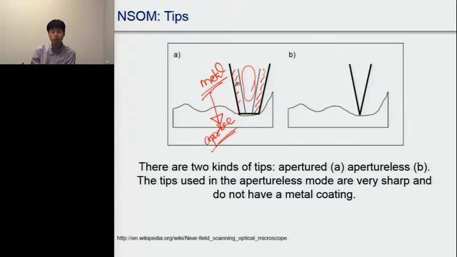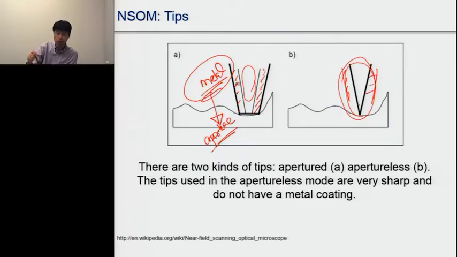One type of tip is coated by this metal, and another type does not have any coating and is simply a transparent tip. So there is a trade-off between these aperture and apertureless tips.